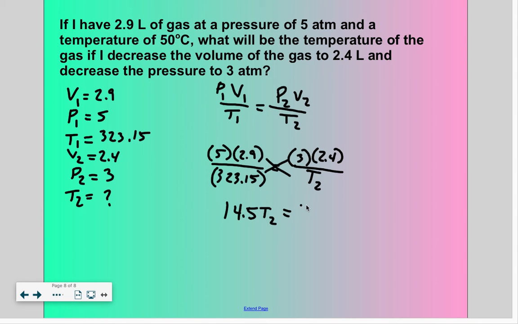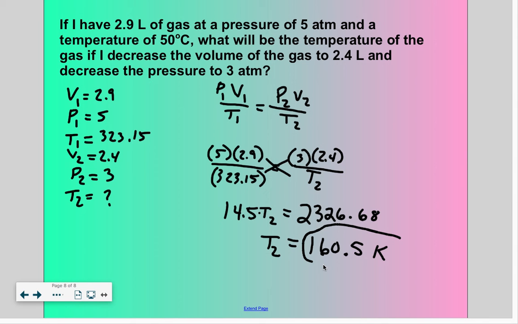So we get about 2,326.68. T2 is multiplied times 14.5, so I'm going to divide both sides by 14.5. And it gives us about 160.46, I'll round it to 160.5. And once again, temperature is measured in Kelvin, so that is also now Kelvin.